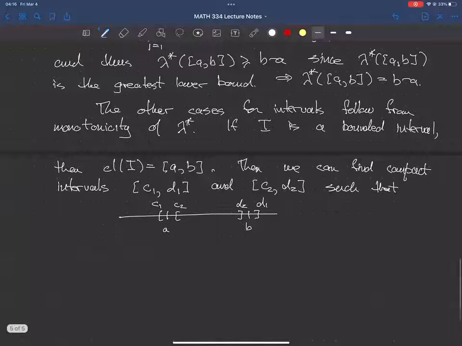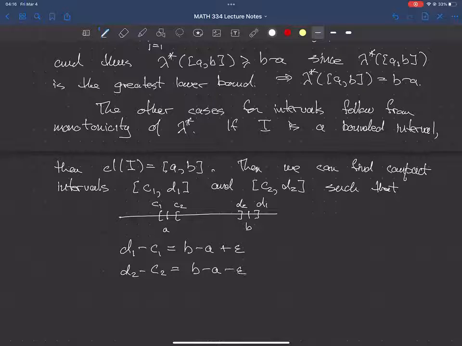The upshot of that is that d1 minus c1 is equal to b minus a plus epsilon, and d2 minus c2 is b minus a minus epsilon.